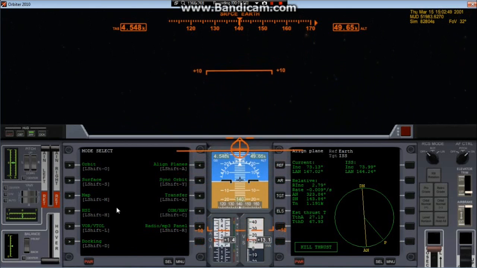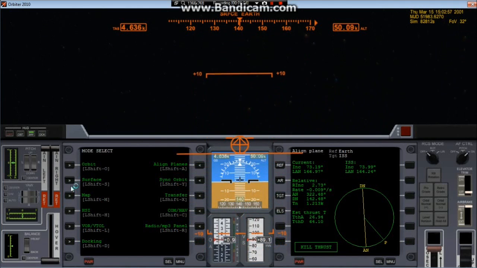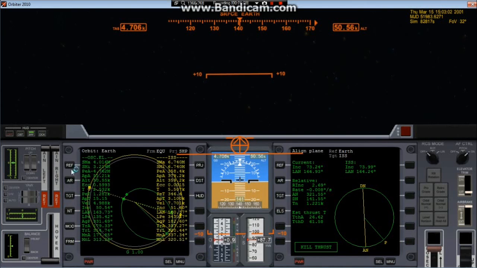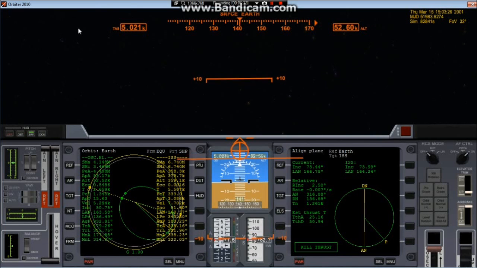So I'm going to add a little bit more upward acceleration here so we can get positive vertical velocity. That's 5 kilometers per second.